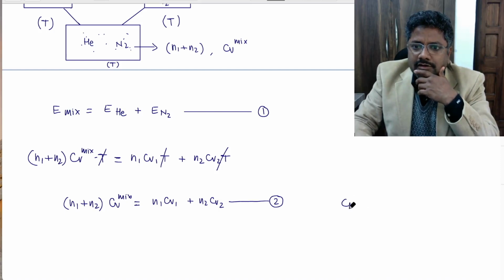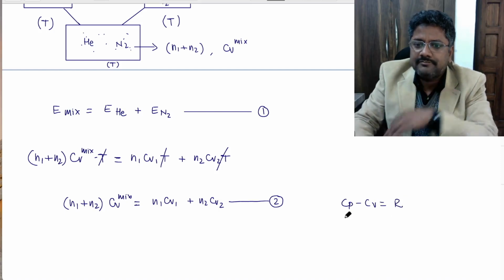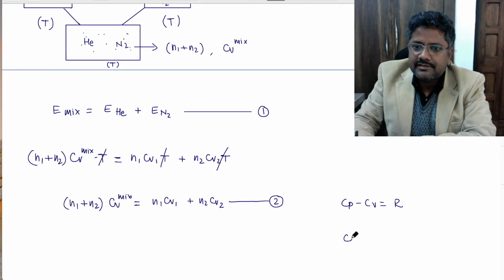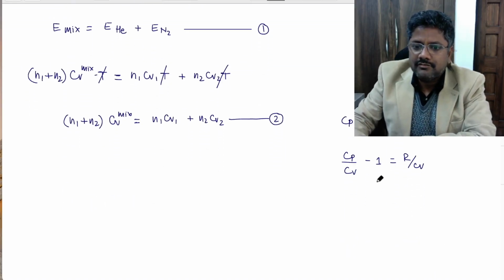Now you have the formula Cp minus Cv is equal to R. So you can write here Cp by Cv minus 1 is equal to R by Cv. And all of you know that Cp by Cv is equal to gamma.